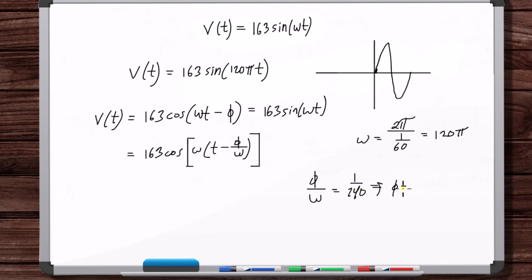Cross multiplying by omega, psi is 120 pi over 240, which is pi over 2. So 163 cosine of 120 pi t minus pi over 2 is equal to 163 sine of this omega 120 pi t.